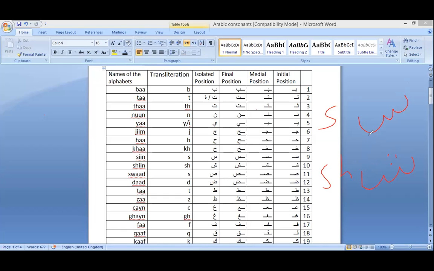For example, Salim, Saadia, Saeed, Asia, right? And this is Sha, like Shamsa, Sharon, Shalom. This is like Susan, Sa, Sha.